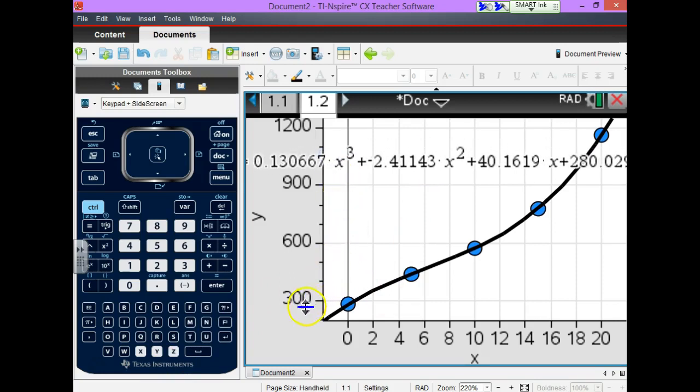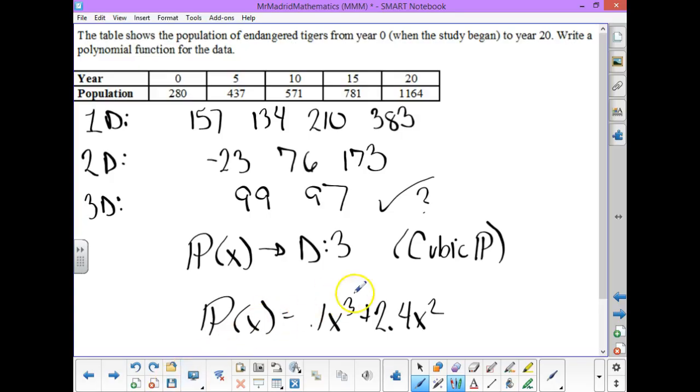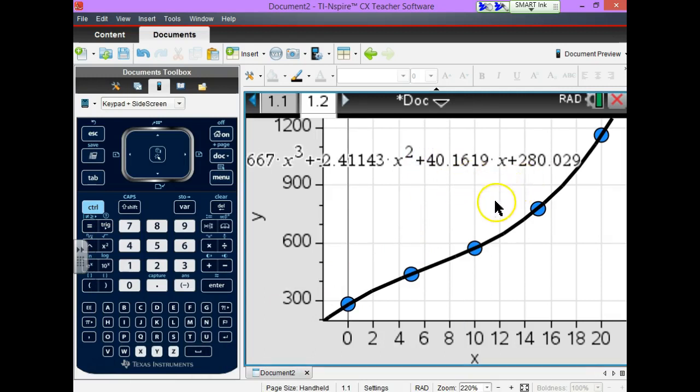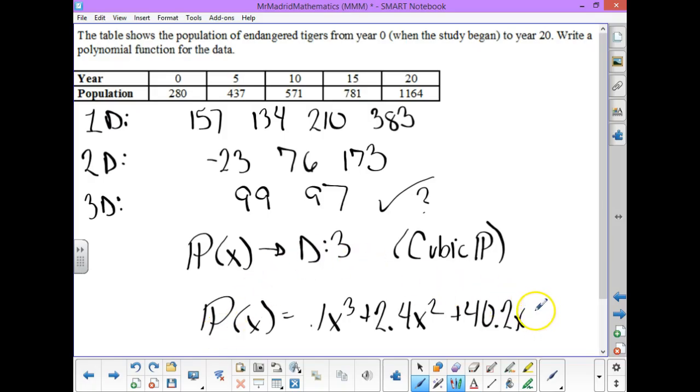Then 40.2x. Okay, the rounding, that's not the point. We're way too exact at this point. 280.0. And we're done.